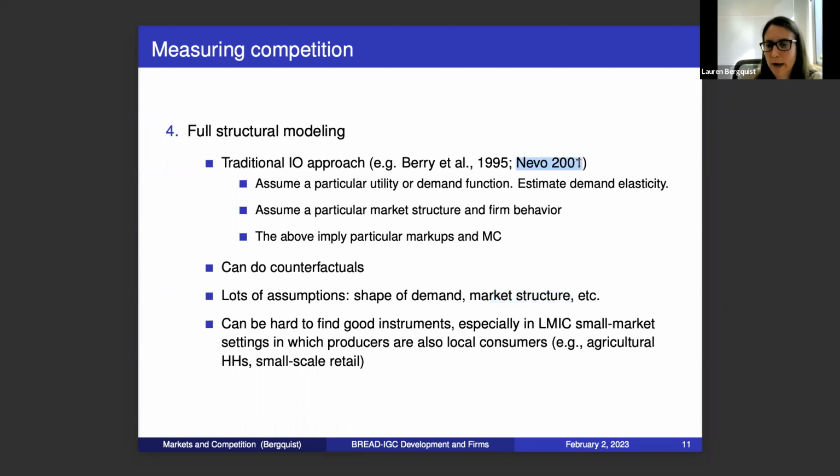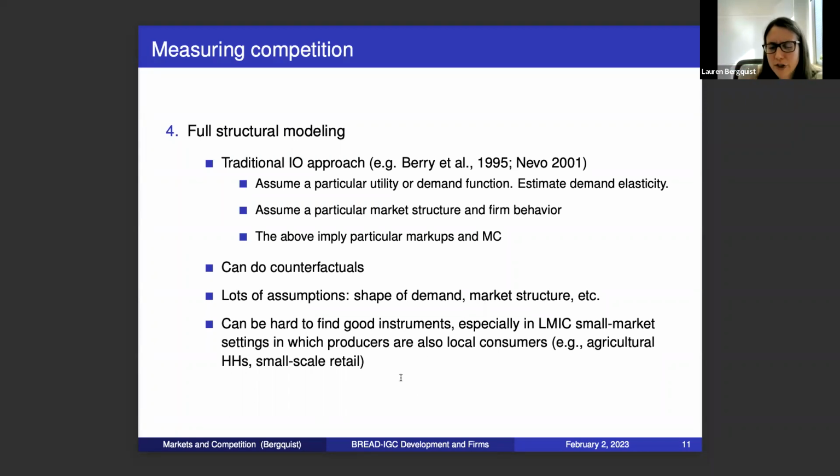This very famous paper by Aviv Nevo on ready-to-eat cereals actually goes through this exercise for 3 possible market structures and then compares the implied markups to actual accounting estimates, right? That would be a somewhat similar approach to what we'll do in my paper with Michael Dinnerstein. So they don't all assume this, but a lot of them do. And then it's circular, not useful for identifying market structure.